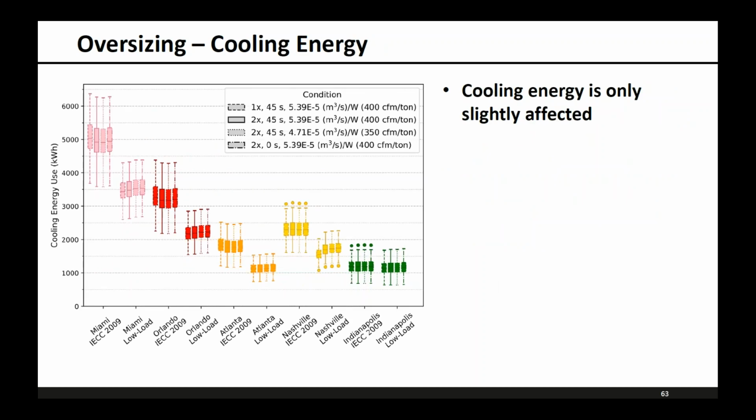So now we move on to the cooling energy use associated with all these cases. And once again, it's not affected that much, even by the oversized unit. And you can see that in the hot climates of Miami and Orlando, you actually see a reduction in cooling energy use for the oversized unit.